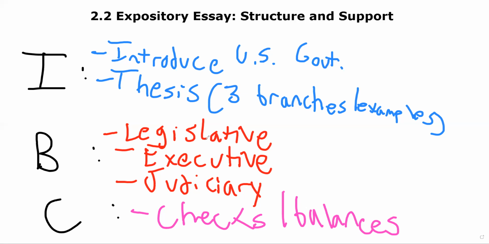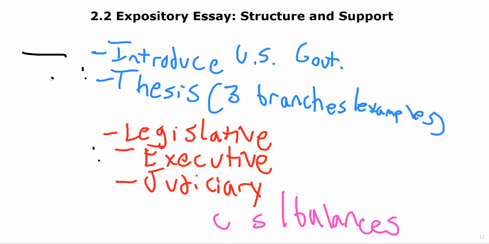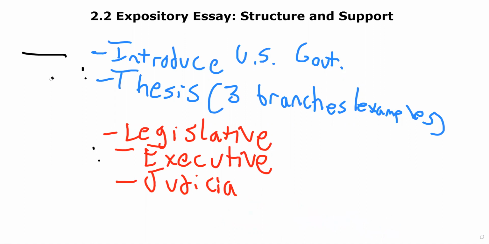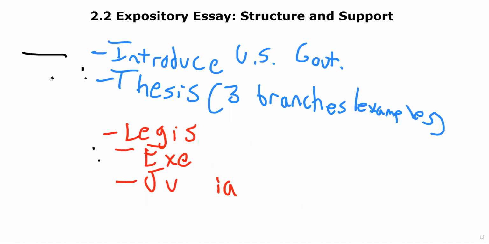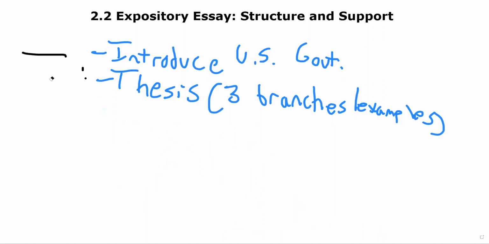So with that said, hopefully this example provided some additional clarity about the structure of an expository essay. As you can see, it is still fairly simple. It's not especially complicated, and it is the most basic of the essay genres to learn. So usually it is the first one that students start working on.